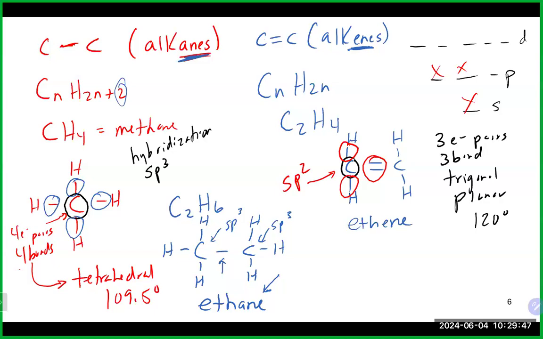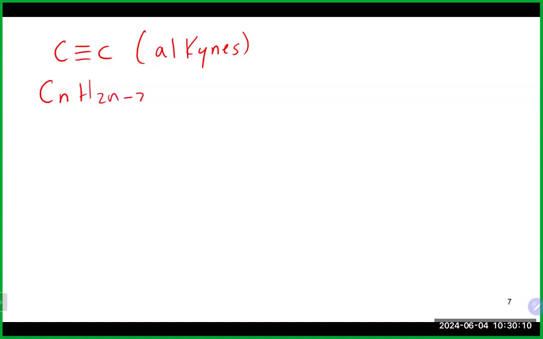In addition, I'll flip the page. We could also make some triple bonds. A carbon-carbon triple bond is a group of organic molecules known as alkynes. It has to have at least 1 triple bond in there. And they have a general form of CnH2n minus 2.